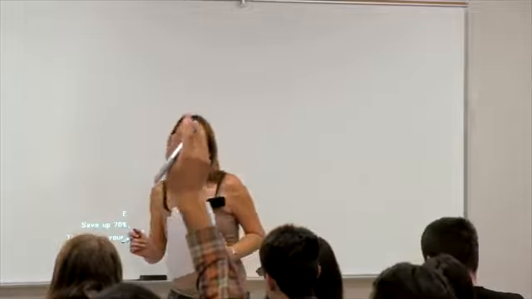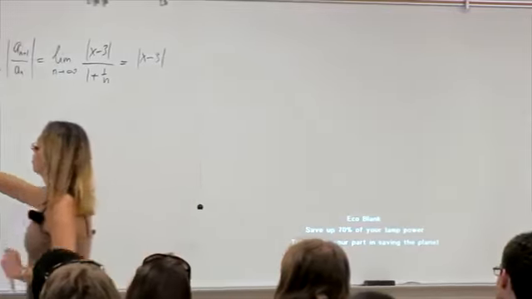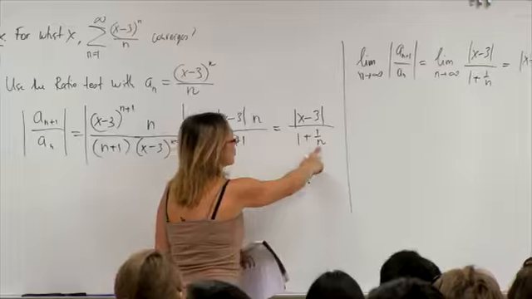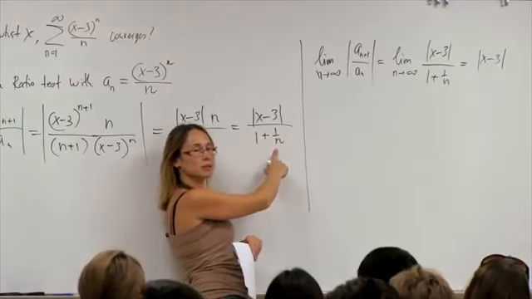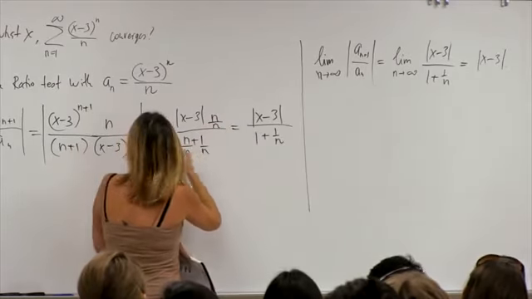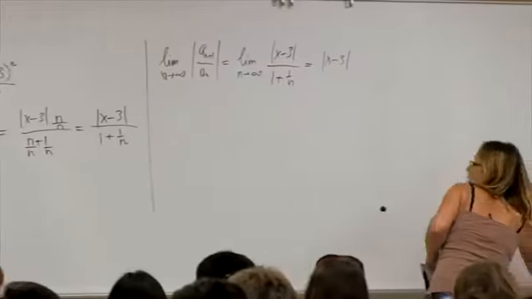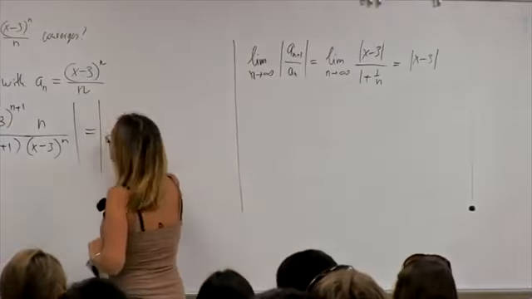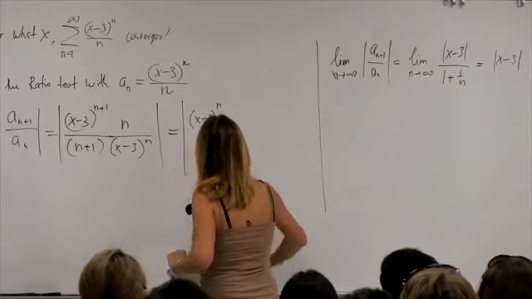Why did you multiply by n? Oh, I divided numerator and denominator by n to bring it to this form, and it's easier then to argue about the convergence of the limit. I multiplied one step before that. So here we have the following: (x minus 3) to the n, or we can write it like this.